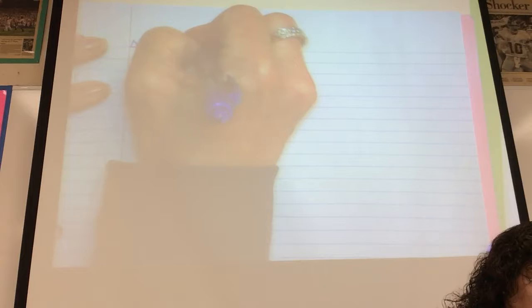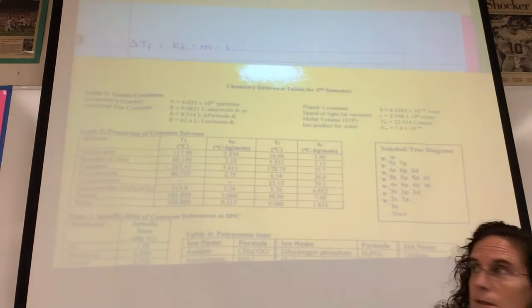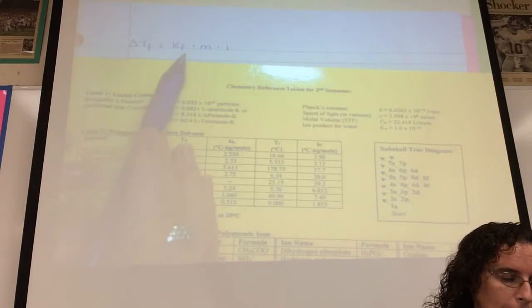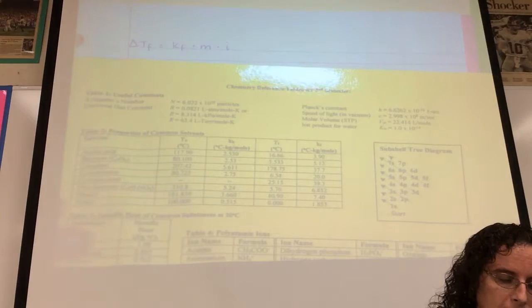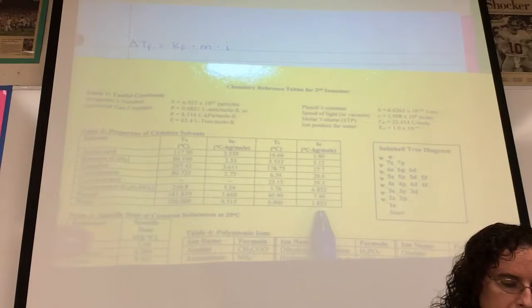For freezing point depression, and this is in your notes, the first formula is delta TF is equal to KF times m times i, with the only difference here compared with the delta TB is that you will be using KF's, molal freezing point constants, and we talked about this yesterday, that they are found in the last column on table 2 of your periodic table.